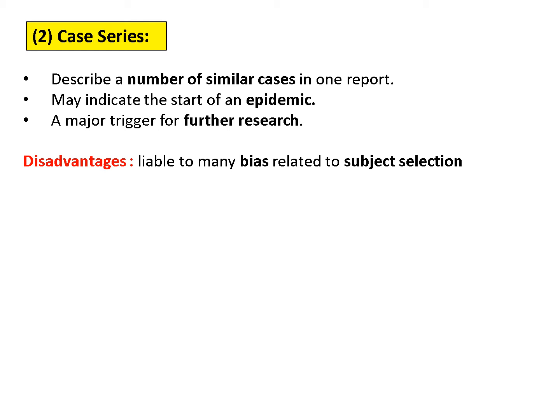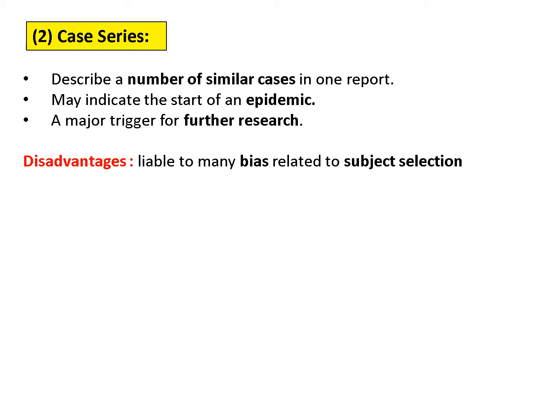Second one in the descriptive study is case series. Case series means we describe a series of cases, like a number of similar cases in one report. And it may indicate the start of an epidemic. For example, if you are in your clinic and find more than one case coming and they have similar symptoms and signs, and you didn't see similar symptoms before, this indicates the start of an epidemic, and this is a major trigger for further research.